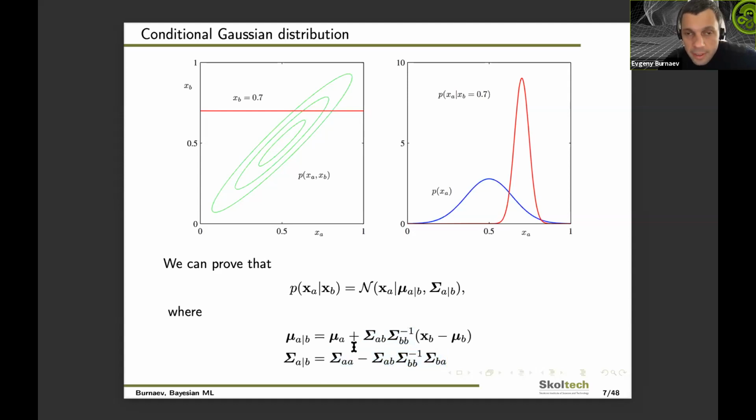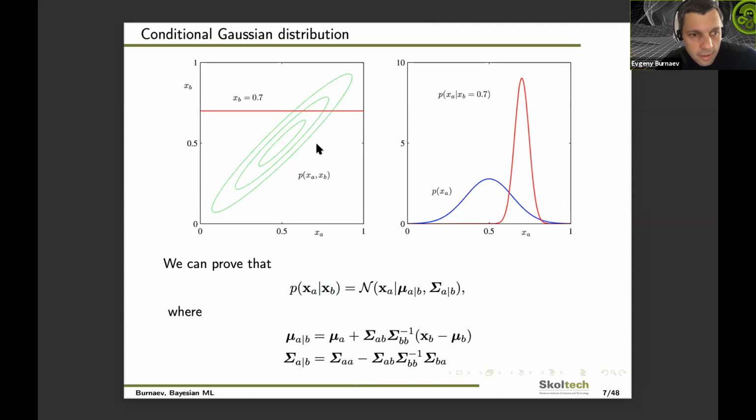And so in some sense, because we know some information about the exact values of the subvector x sub b, we reduce the variation of the subvector x sub a. That is, the uncertainty in the values of this vector x sub a is smaller than the uncertainty of this subvector as defined by the unconditional distribution.